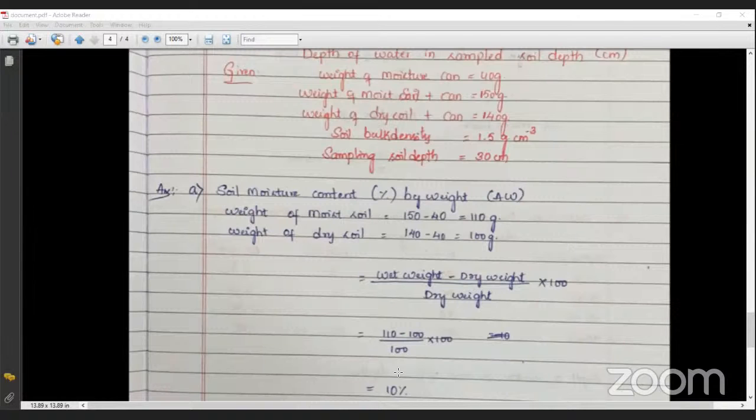What you have to understand is, in problem solving the moisture can weight must be subtracted from both the moist soil and the dry soil. In the problems they may give the weight of moist soil plus can as 150 gram, and directly give the weight of dry soil minus can, clearly mentioning 100 gram.